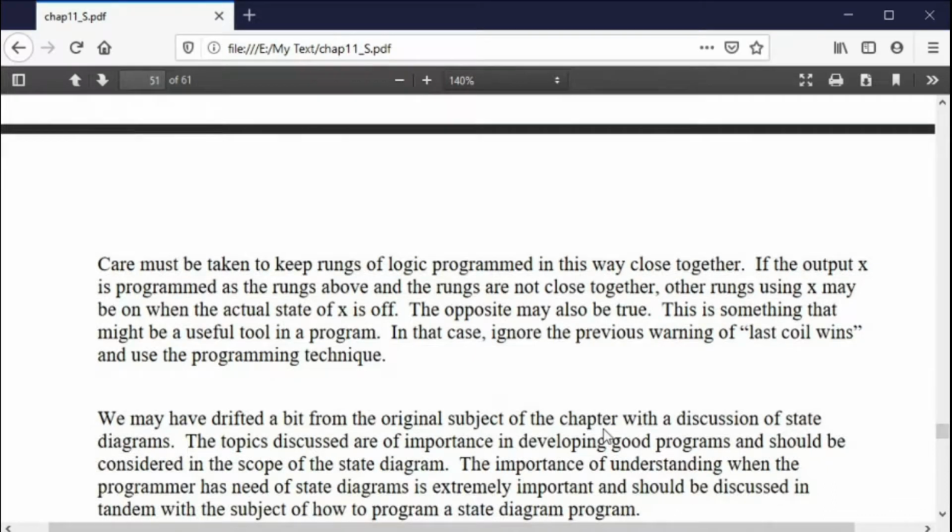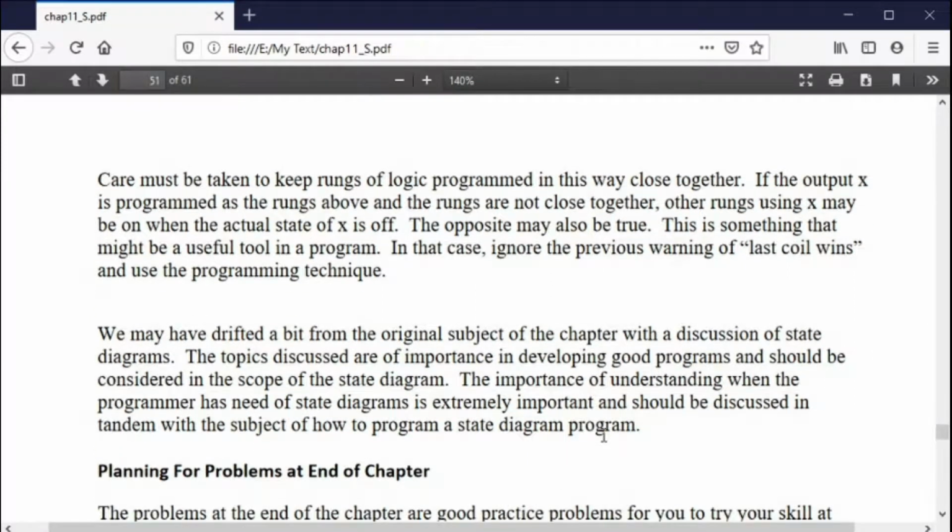So we've drifted a little bit at times talking about state diagrams. We've talked about scan, and last coil wins, and groundhogs. But there is a very good reason for state diagrams, and their usefulness to your programming cannot be minimized.